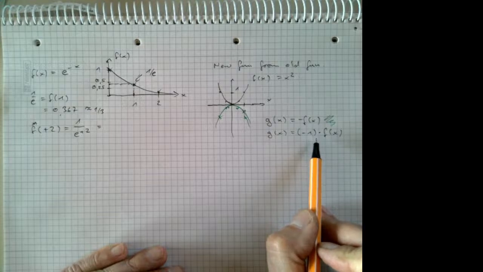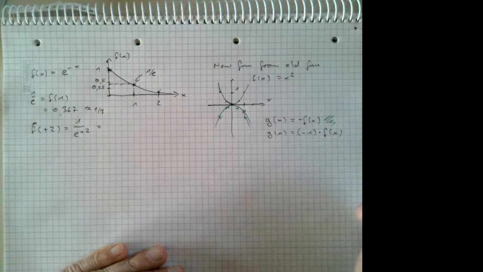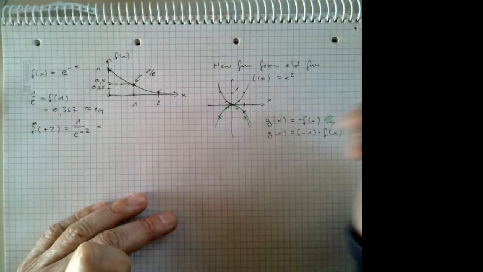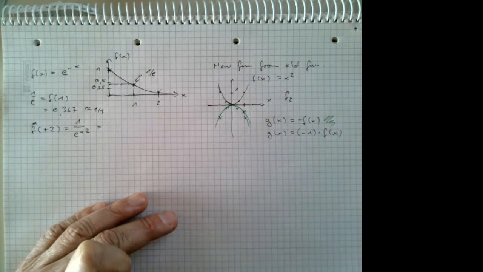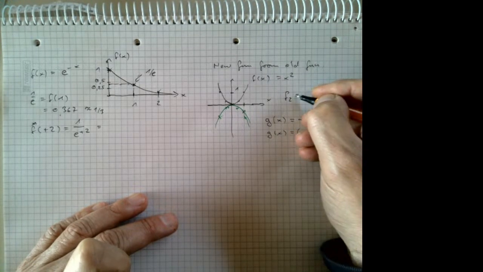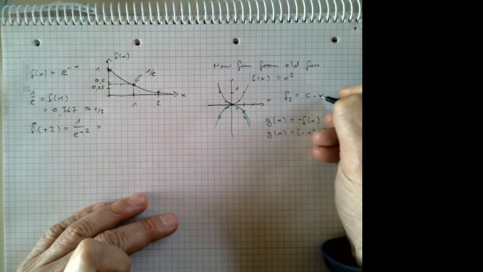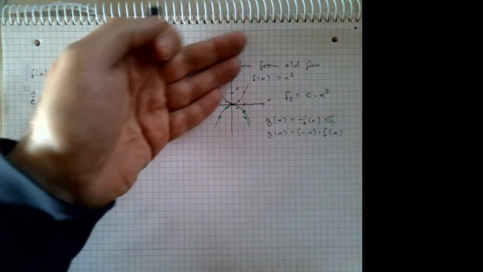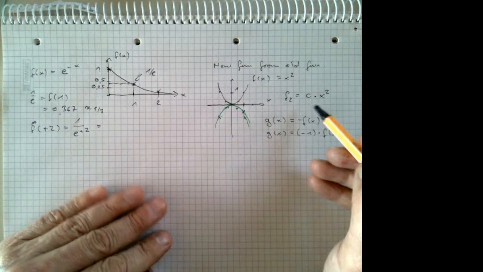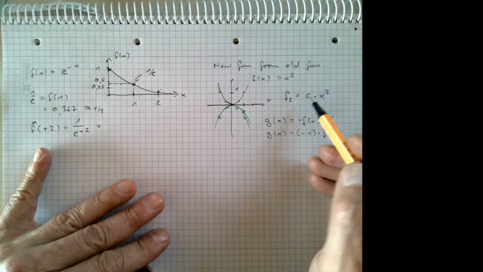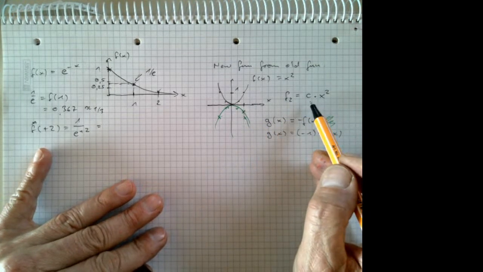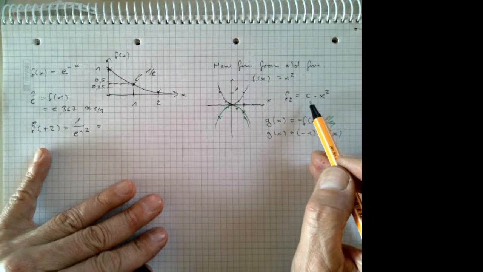What happens if I change the value? Let's say I have another function, f2, which is c times x squared. If c is negative, it flips about the axis, right? And if c is positive and larger than 1, what would happen? Change the amplitude? Yes, and how?